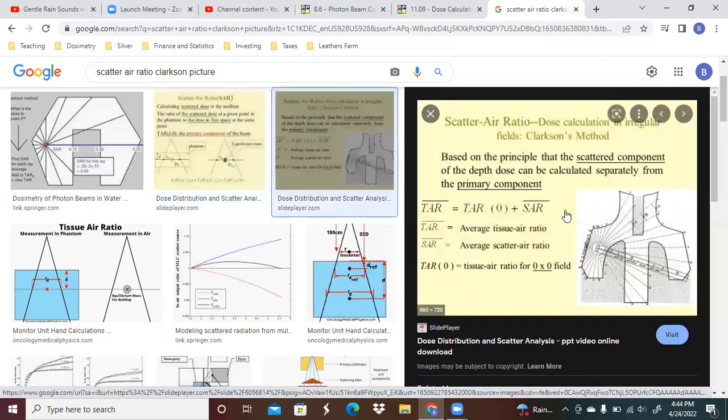Now, when it comes to the Clarkson method, this is normally used for irregular fields when you're trying to get at what the scatter component is at a particular point within the field. So let's take a mantle field here where we're trying to hit certain nodal patches and things of that sort. And let's say we want to reach whatever the SAR is at this particular point.